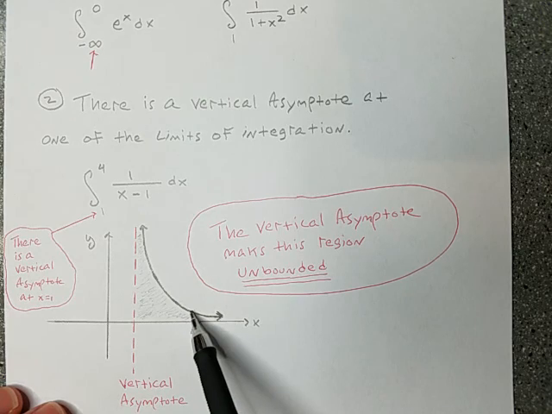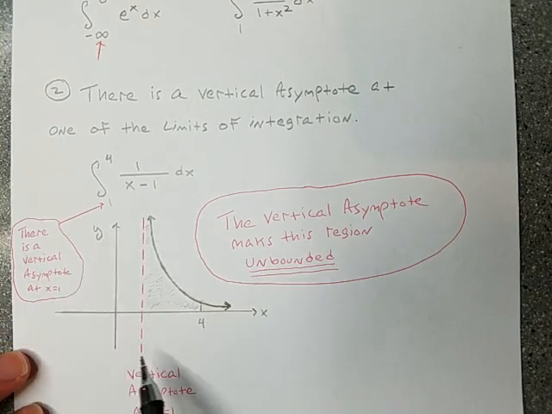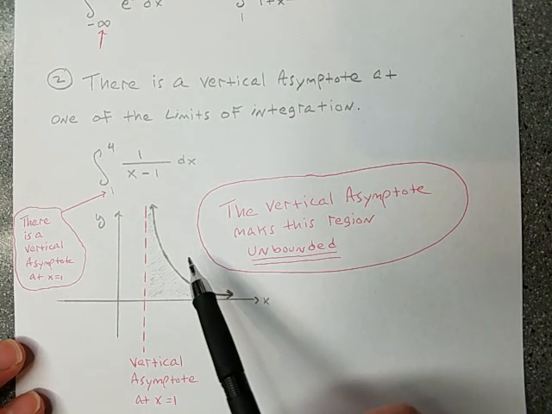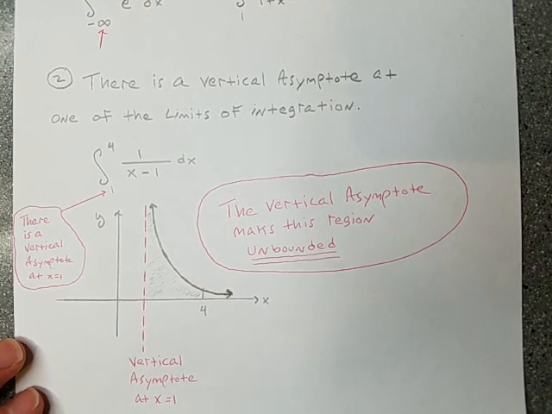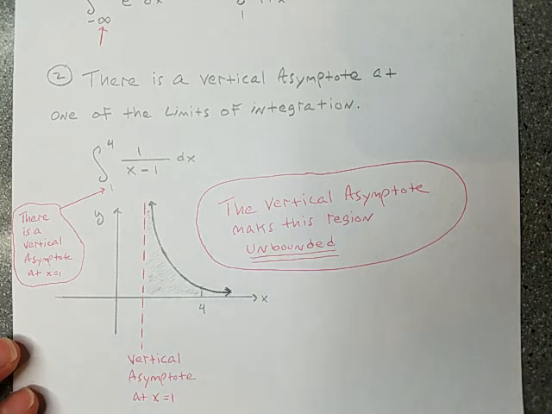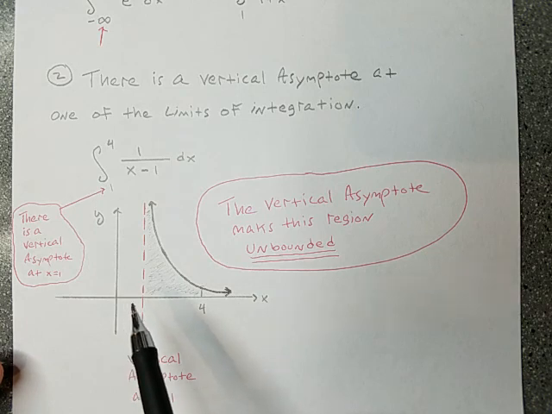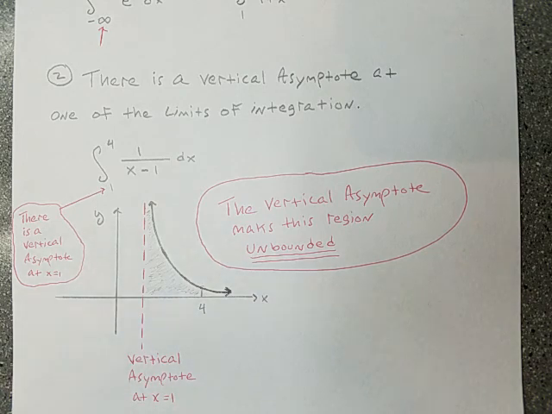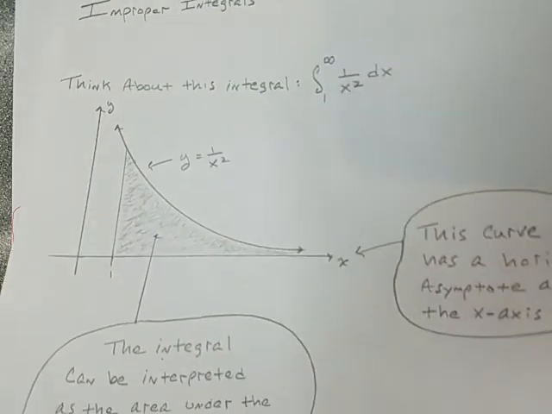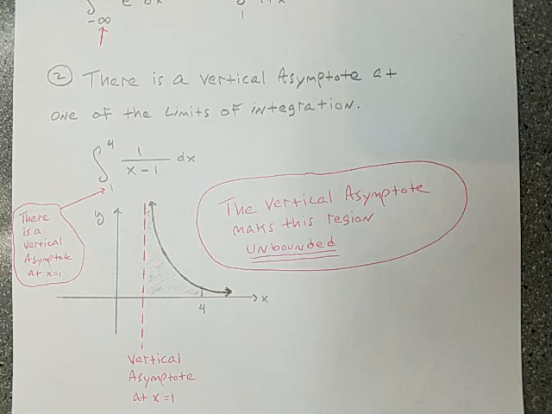What's the y-coordinate at that point? It's 1/3. But at 1, there's a vertical asymptote. The curve goes to infinity as you go to 1 from the right. So the vertical asymptote makes the region unbounded in the same way that that first problem I showed you was unbounded. I mean, if you just turned this picture on its side, that would look like a vertical asymptote.